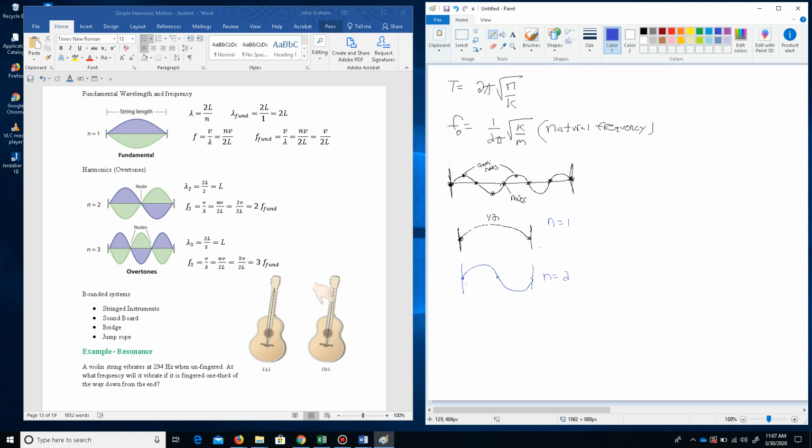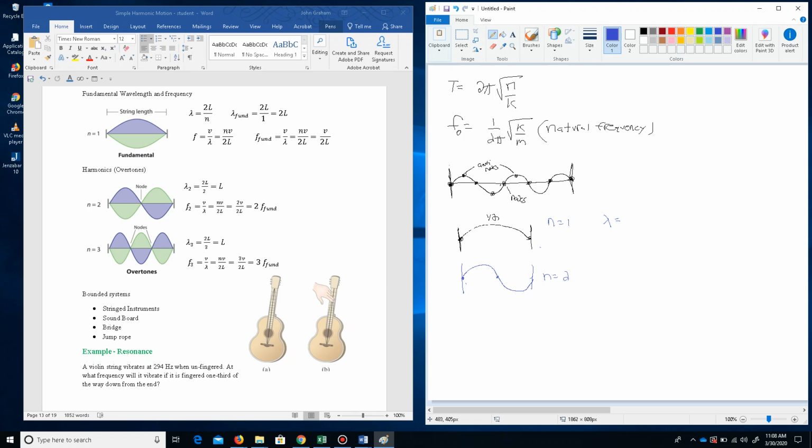And so what we can write is the wavelength in terms of n and in terms of the length of the actual chord here. To get this, we would have to have twice the chord length to make one full wavelength.